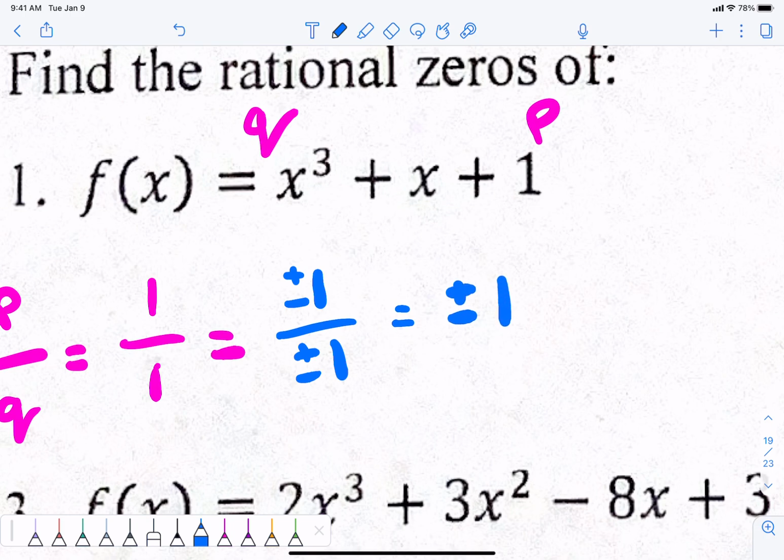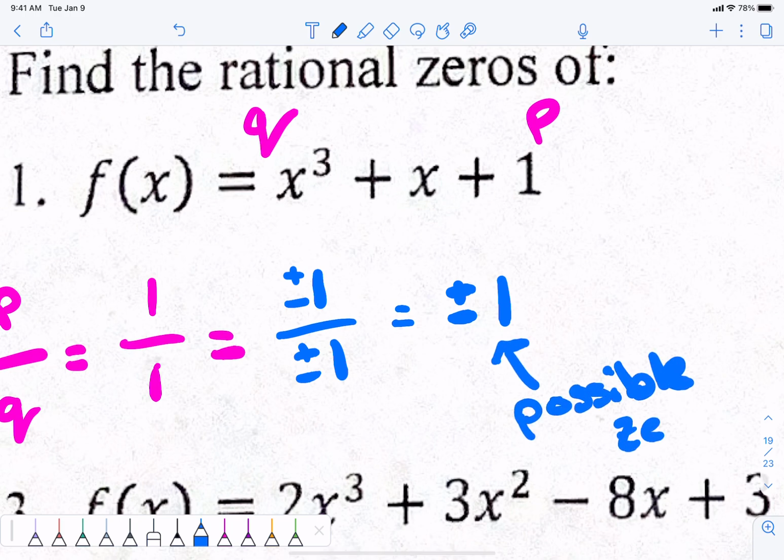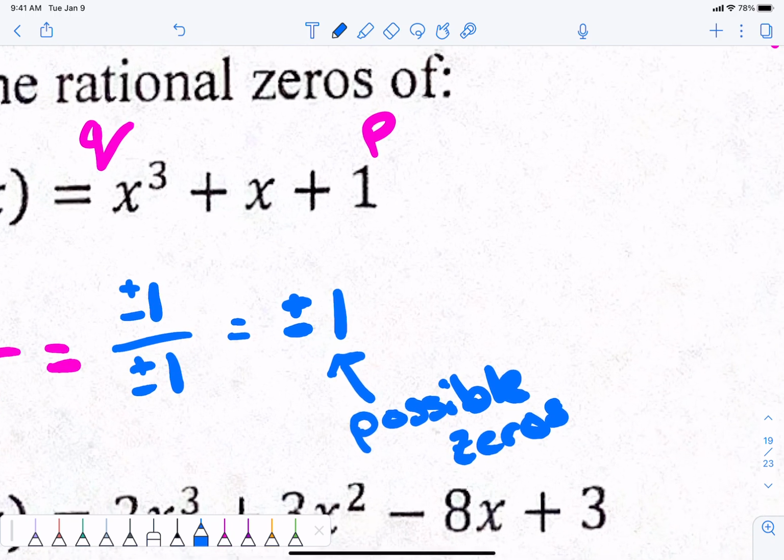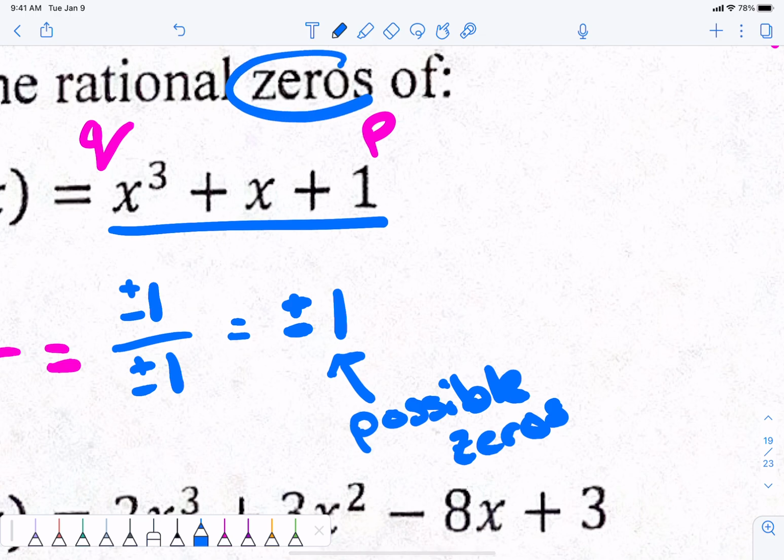This is the list of possible zeros, meaning if it is not in this list, it is not a zero of this function. Like the number 5 is not in this list, so there's no way 5 could be a place where it crosses. There's no way that 7 could be a zero of this function because it's not in this list.